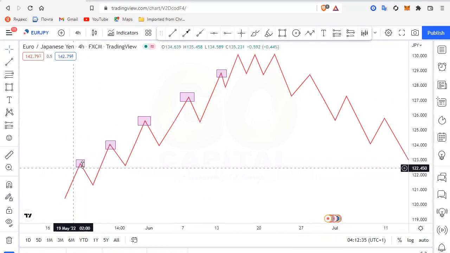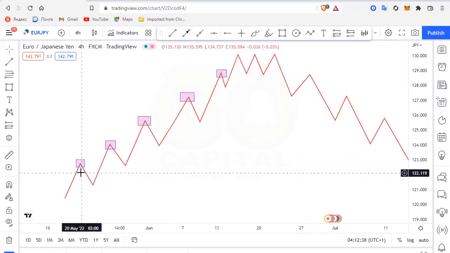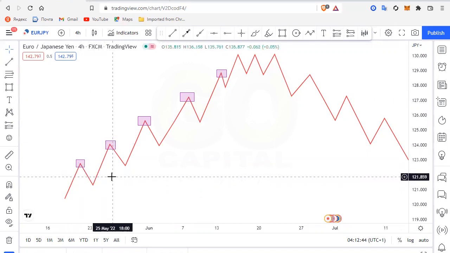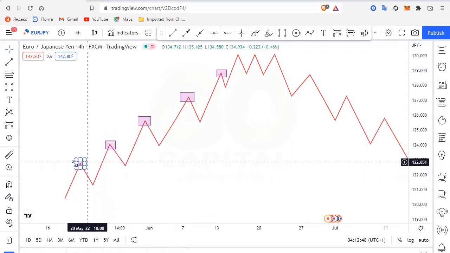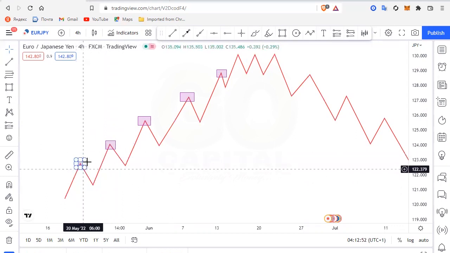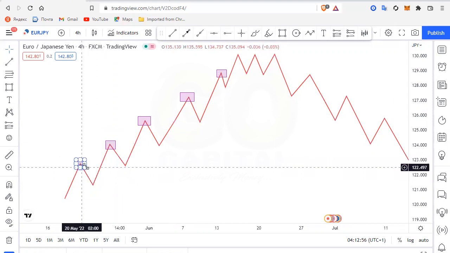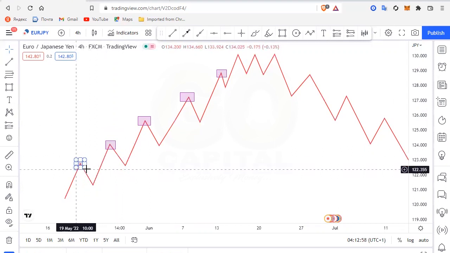At this particular high, you will find what we call an evening star. You can go online and check what evening star is, a candlestick pattern. You will see a lot of videos and content about it. So an evening star is going to be in this place, or an inverted hammer is going to be here, or a bearish engulfing is going to be here.